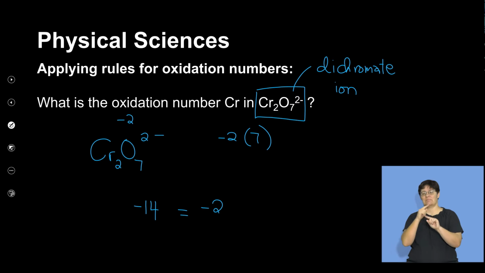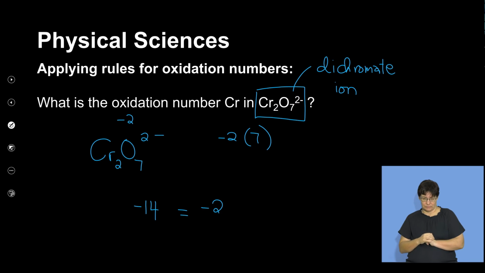So the total oxidation number for oxygen in this combined state is negative 14, while the unit charge is actually negative 2. So for us to get the one for chromium, we know that the total should be negative 2.